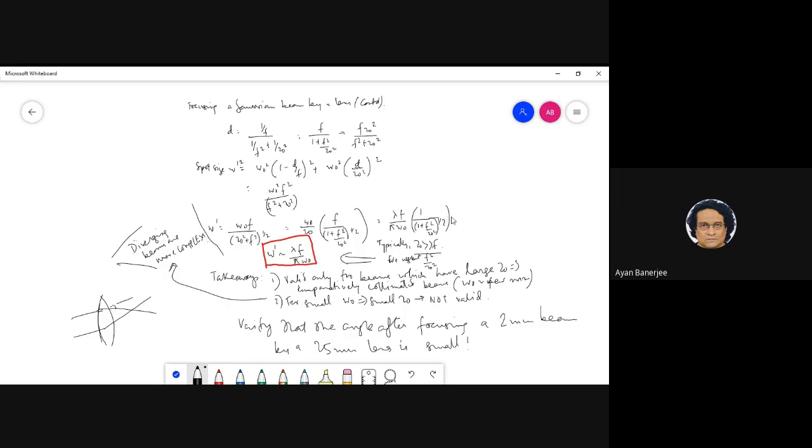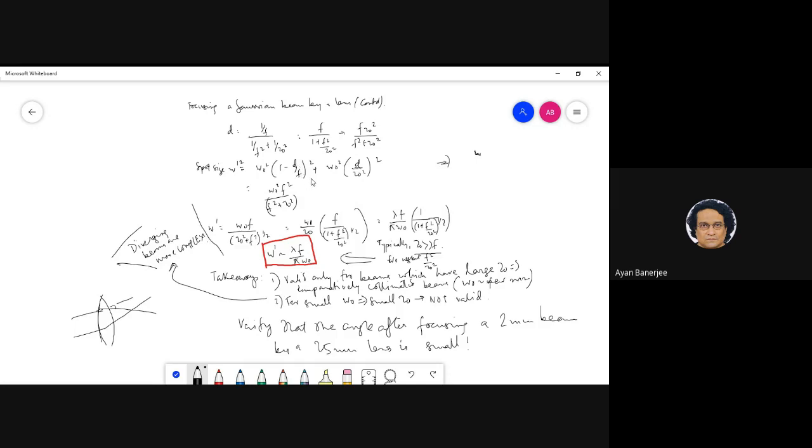By the way, if you put f equal to z, do you get this actually? f equal to d in that initial expression? Haven't tried that, we can see. Last page, I guess. This one, right?